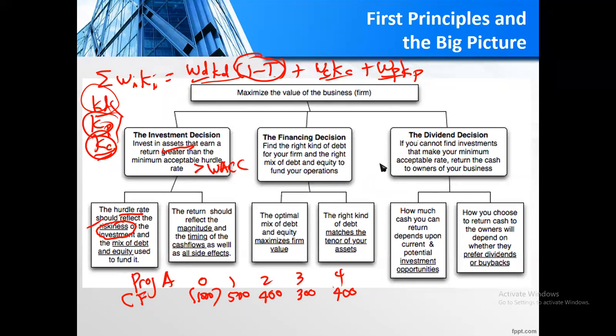Carl, your answer is yes. Why is your answer yes, Carl? Honestly, same as Patricia. I thought it would be more profitable. Why? Could you expound on that? Why profitable? If you study the cash flow, our initial investment is 1,000, and then the first year our cash inflow is 500, and then 400, 300, 400.